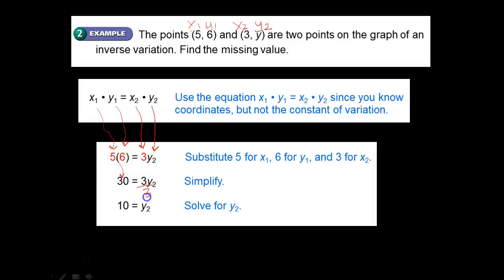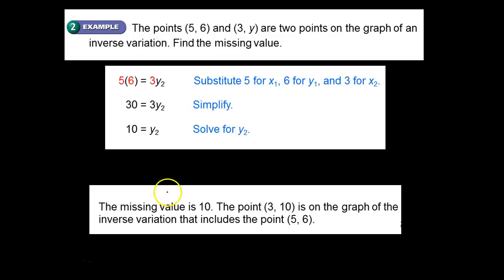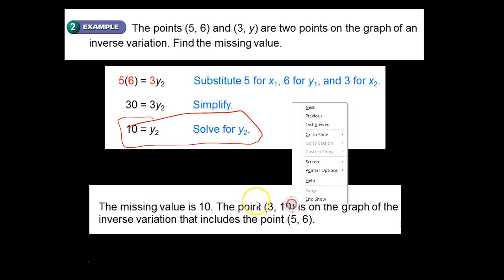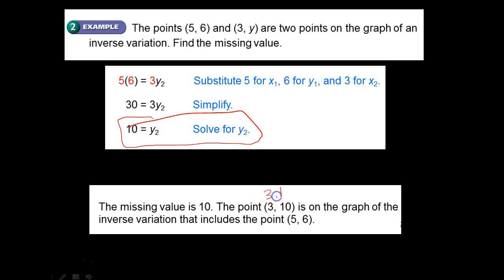We're going to divide by 3 here, and 10 equals y2. Now that we know 10 is y2, we know the point is (3, 10). So our inverse variation includes the points (5, 6) and (3, 10).